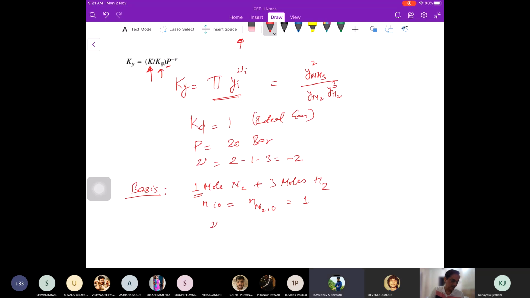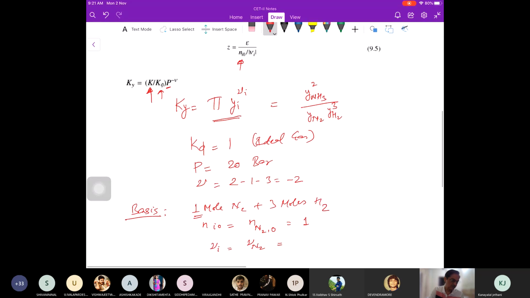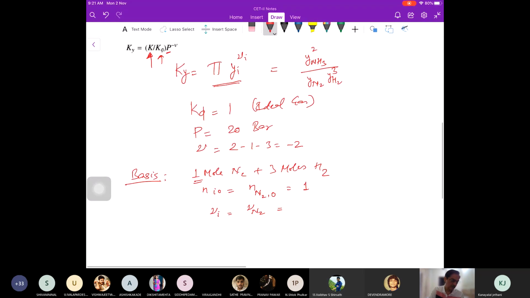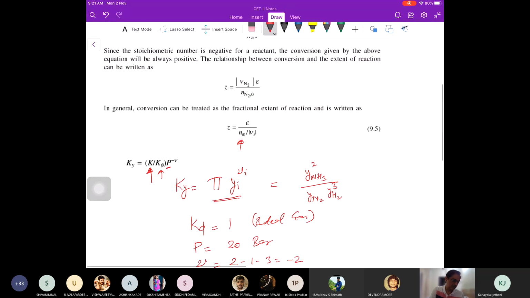Yes, sir. And what will nu I be? Nu of nitrogen is -1, right? So now if you take this equation, we know mu I, we know ni0, we need to find epsilon. Then we can find the conversion, which is z.